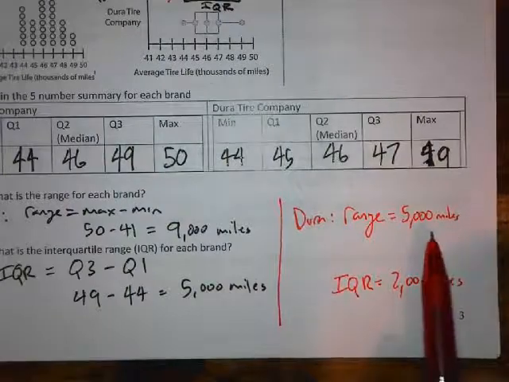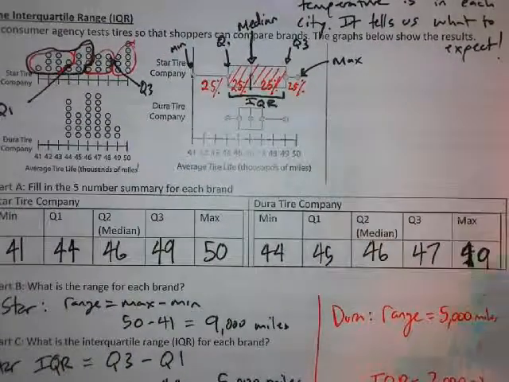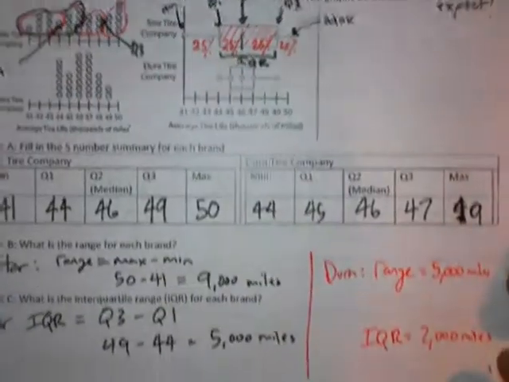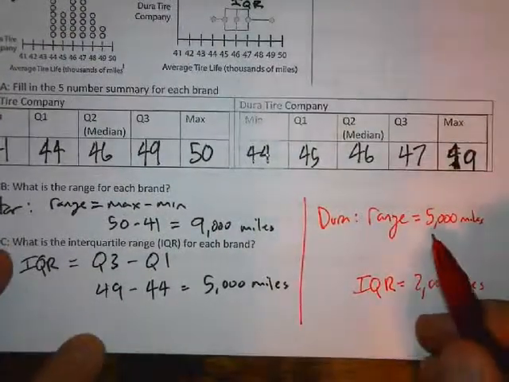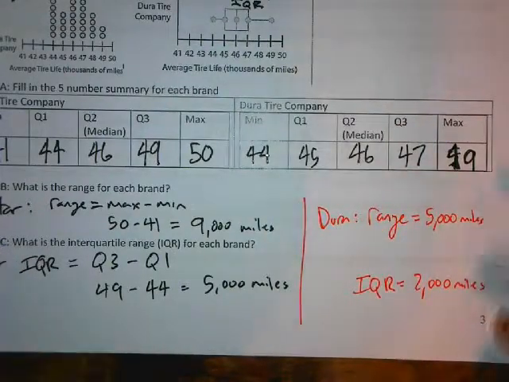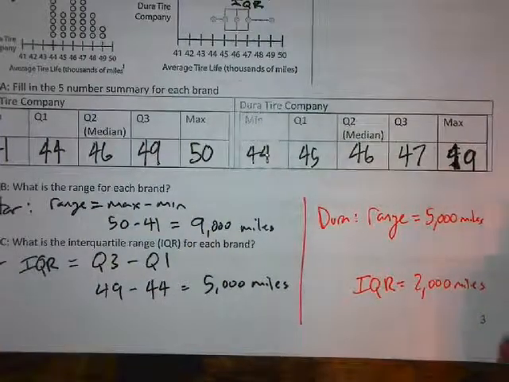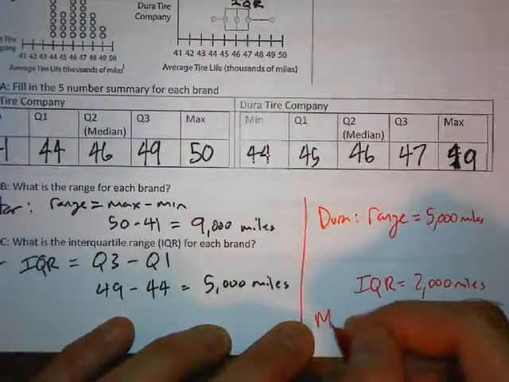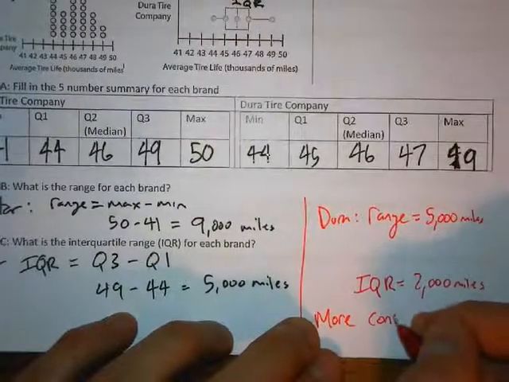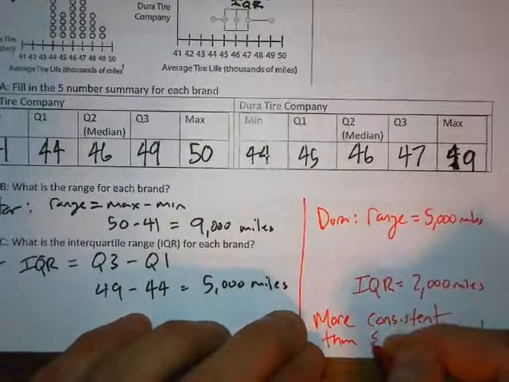And what you can see in the numbers and in the plots is that Dura tire has a much smaller range and IQR. It's much, much closer together. And what does this mean? This means that Dura tires are much more consistent than Star.